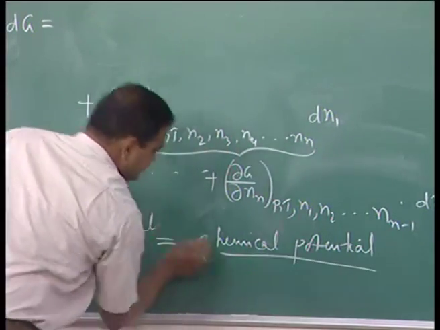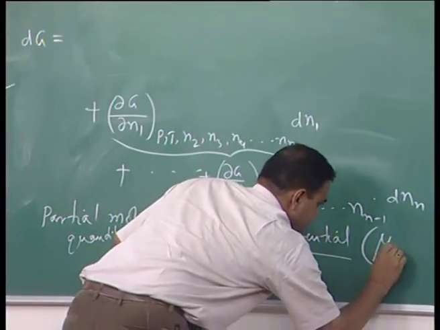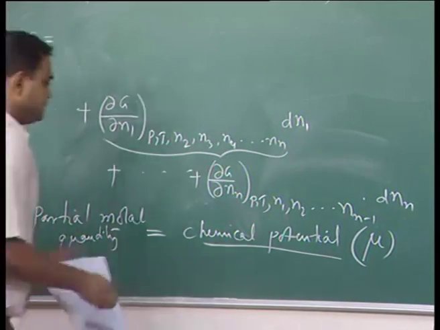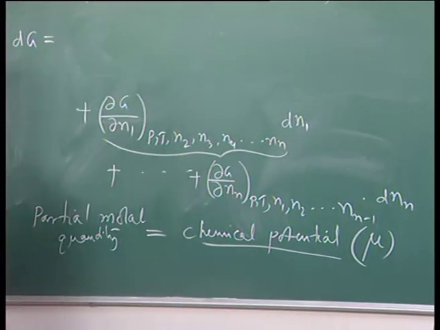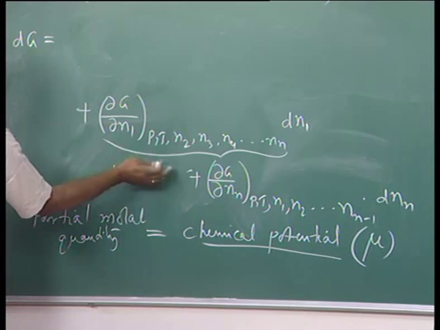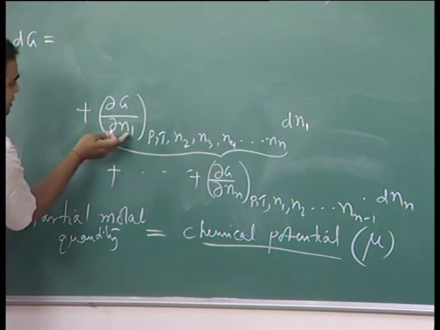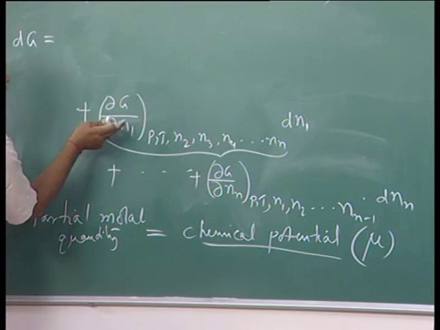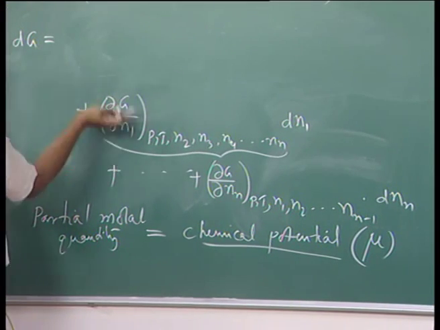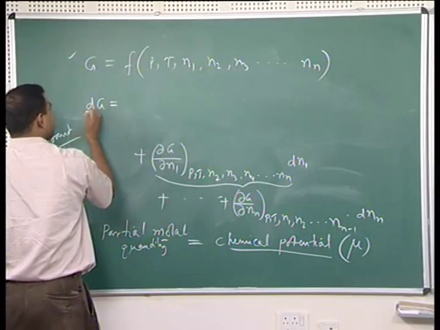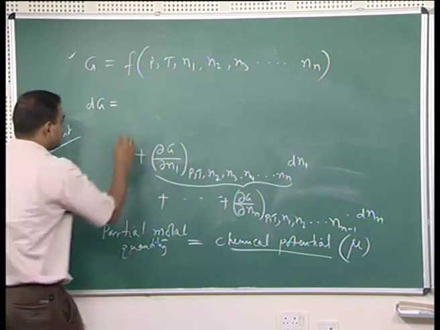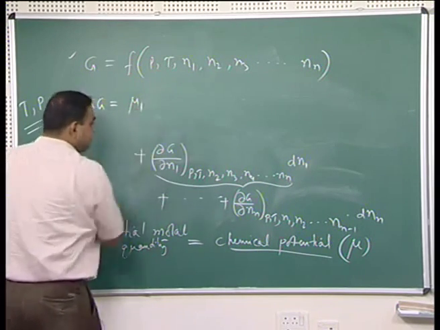And this chemical potential is termed as mu. Now, if you have this, then you can express it by taking this part as mu1, because you are seeing the change in the first component, and then you are seeing what would be the effect on free energy change of the system. So, this is considered as mu1.